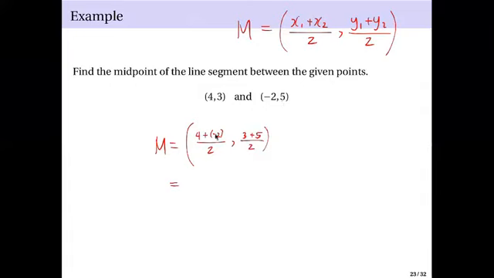So in here you have 4 minus 2, so it's 2 over 2, comma, in here you have 3 plus 5, that's 8 over 2, and therefore this is just 1, comma 4. So this is the midpoint. Okay?